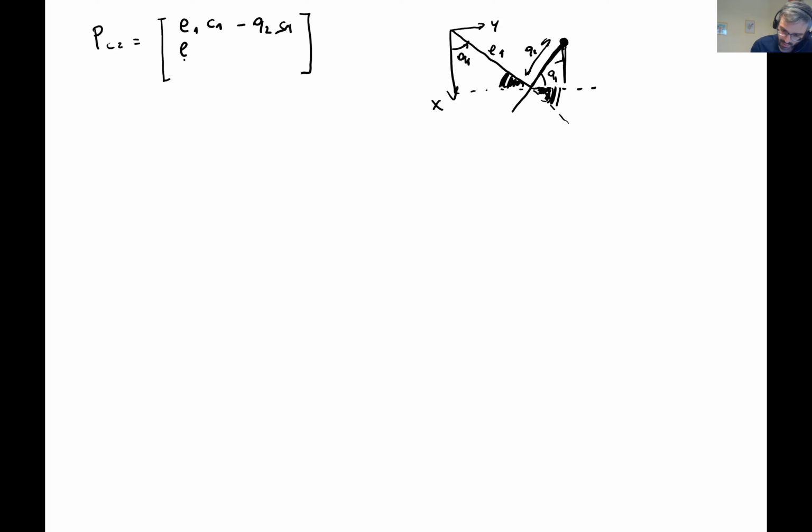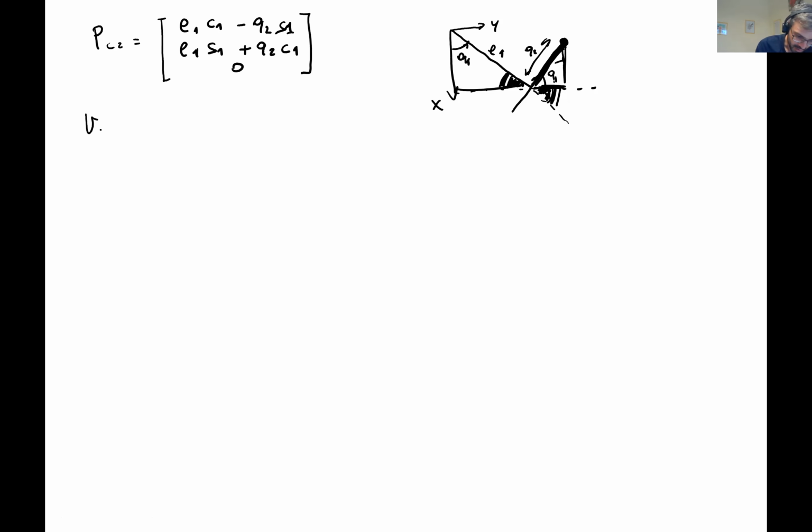For the y coordinate, instead, we sum them up. So that's L1 sine of Q1 plus Q2, which is this segment, cosine of Q1. So this plus this. And the third one is 0.